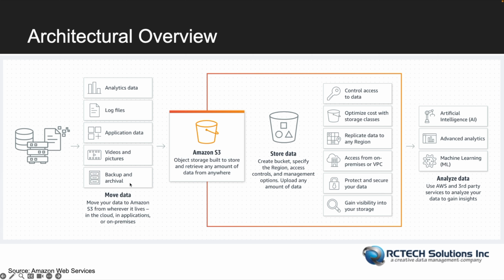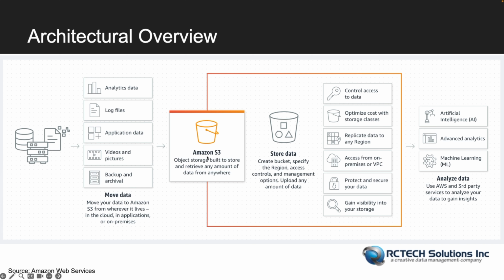Move your data to Amazon S3 from wherever it lives, in the cloud, on-prem, doesn't matter, from the application. The nearby icons show different types of data: analytics data, log files, application data, videos and pictures, backup and archival. The second section has an illustration of an empty bucket.